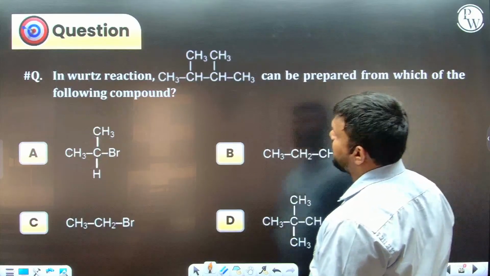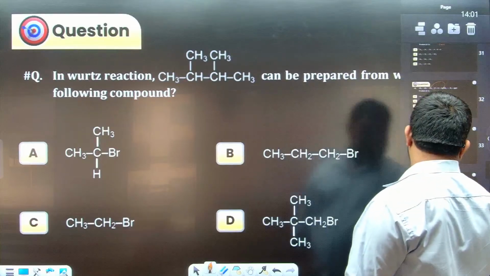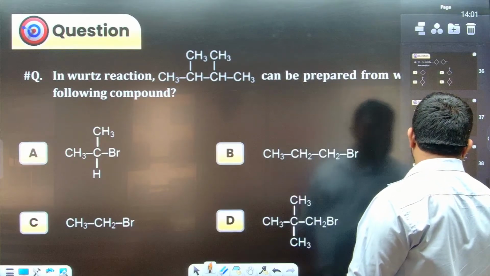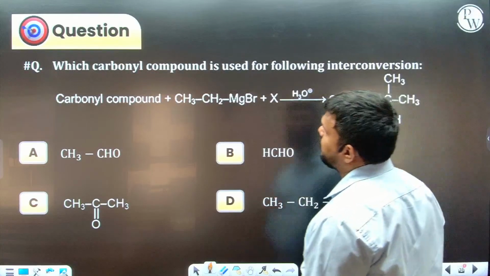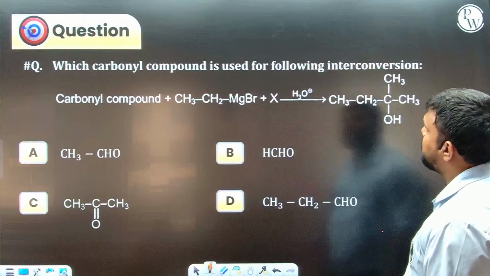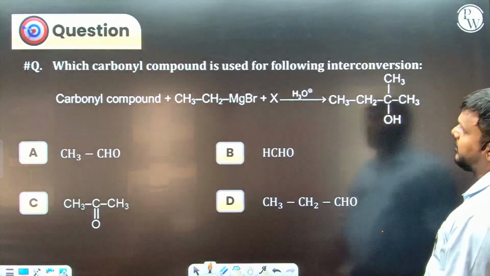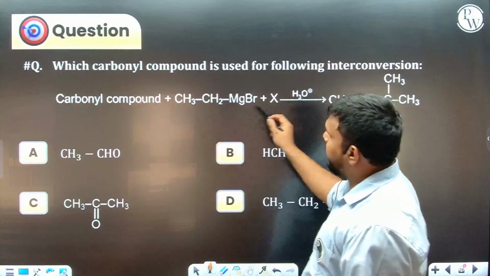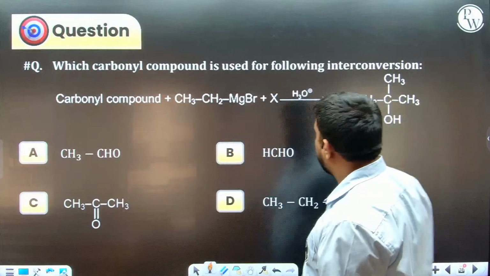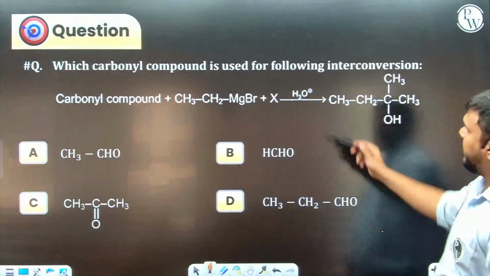Let us have a question related to alcohols. Which carbonyl compound is used for the following interconversion? This is nothing but a Grignard reagent reacting with a carbonyl group, which can be an aldehyde or ketone, followed by H3O+.